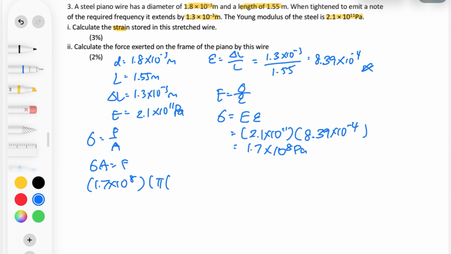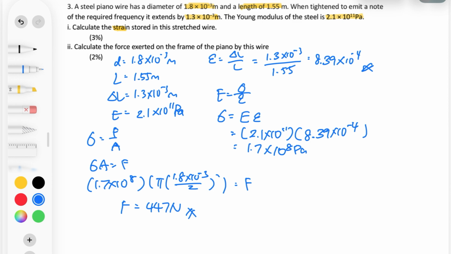We don't know r, we have the diameter, so r is 1.8 times 10 to the power of negative 3 divided by 2, squared. We substitute everything and the force is around 447 Newton. So this is the answer for this question.